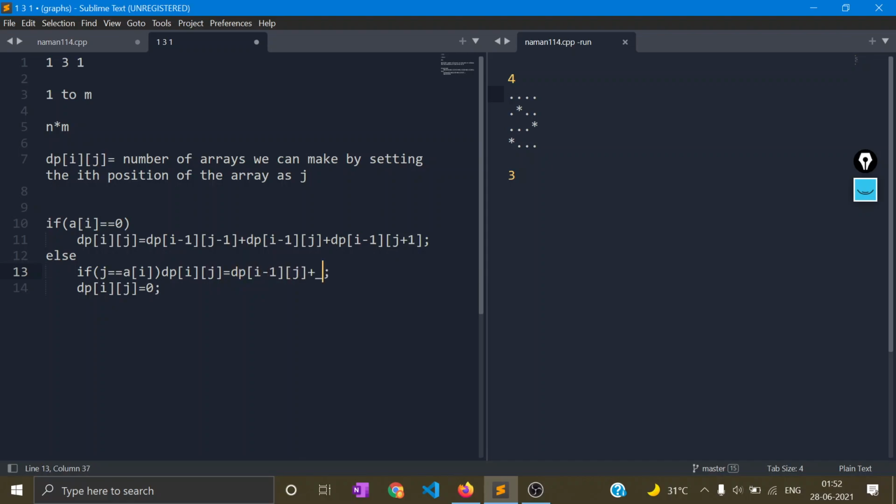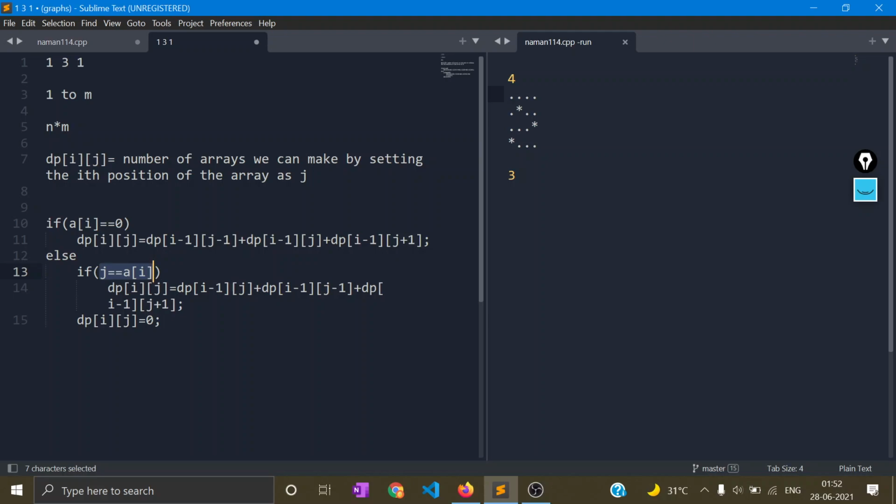dp[i-1][j] + dp[i-1][j-1] + dp[i-1][j+1]. I hope it is clear to you why we are doing this, because if our a[i] is equal to j, then I would be fixing j over here.